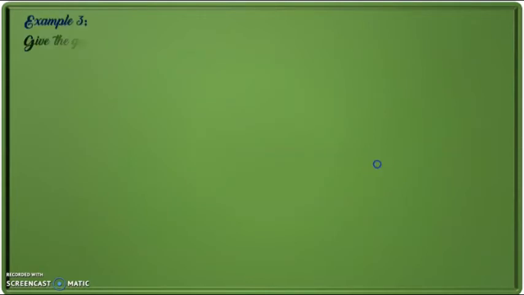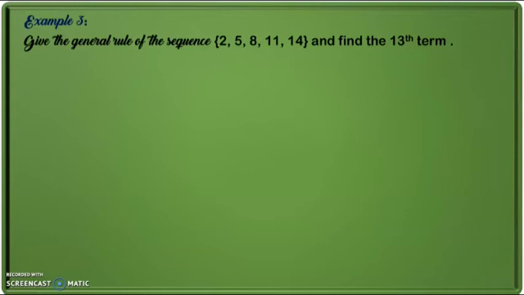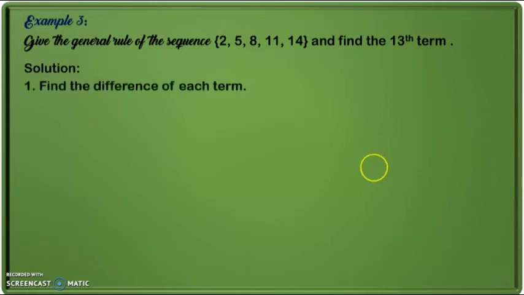Another example. Give the general rule of the sequence 2, 5, 8, 11, 14 and find the 13th term. So first, find the difference of each term.